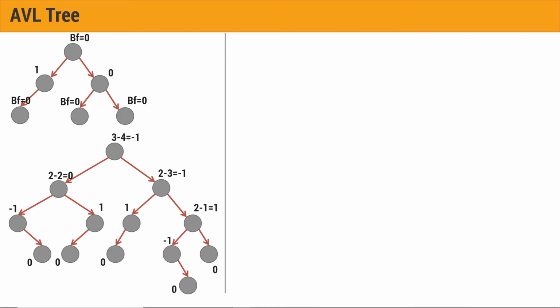So this tree also has balance factors 0, 1 and -1. So this is called an AVL tree.